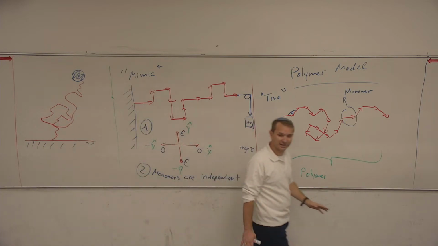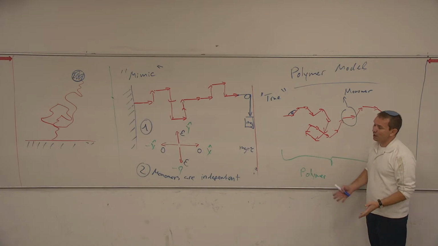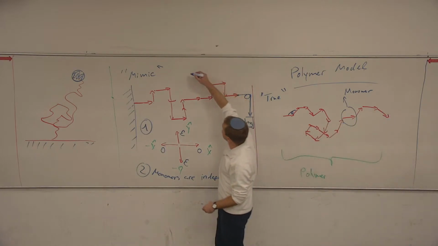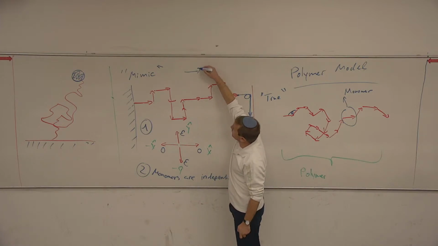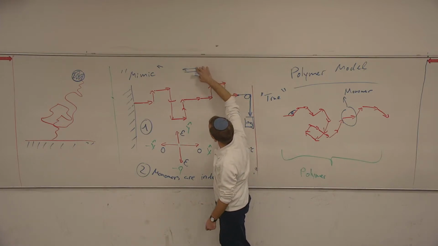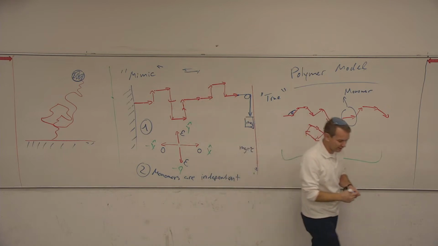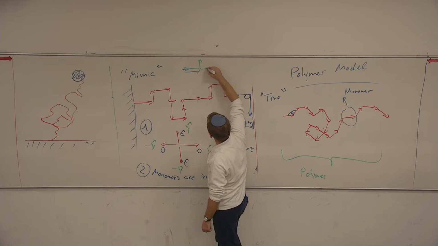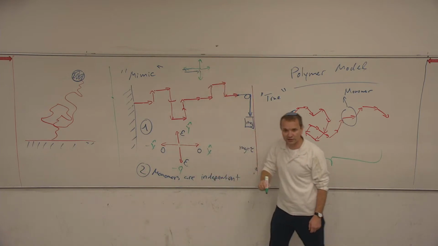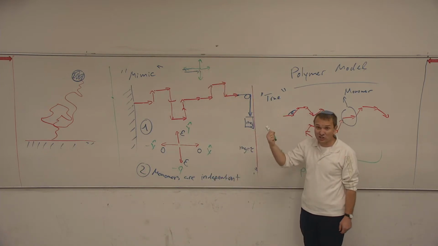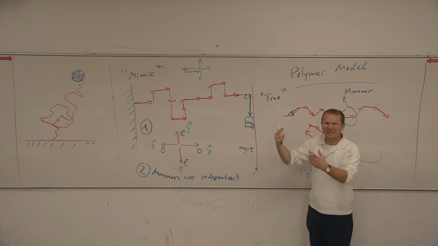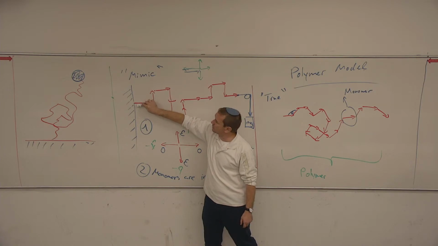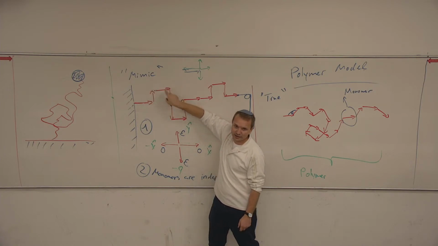They are always connected. If the first is pointing to the right, the next one has four options: here, here, here, and here. The direction is the state, and the state of this one is unrelated to the state of that one, or that one, and so on.